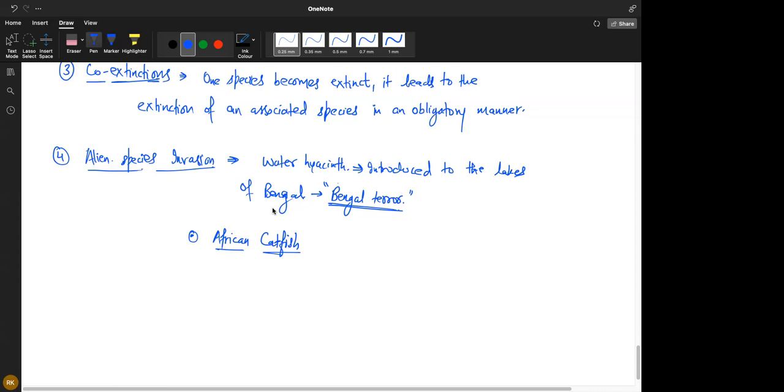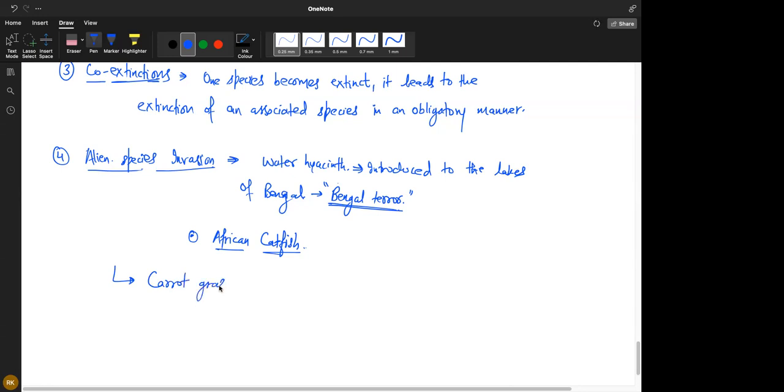This started posing a threat to the existing catfishes in Indian rivers because they were more fierce and bigger, and they outcompeted all other catfish in our Indian rivers, and their population started declining. So African catfish is another example. These two were deliberate introductions.